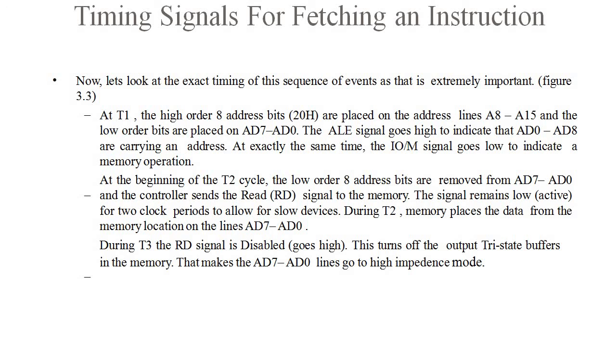During T3, the RD signal is disabled, that means it goes high. This turns off the output tri-state buffers in the memory, so that makes the AD7 to AD0 lines go to high impedance mode. So this is how the data is retrieved by the microprocessor.